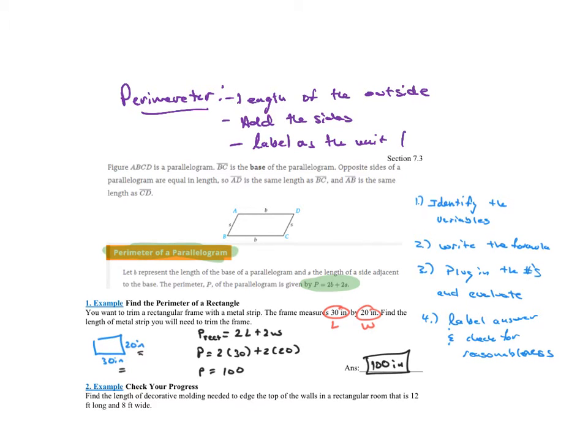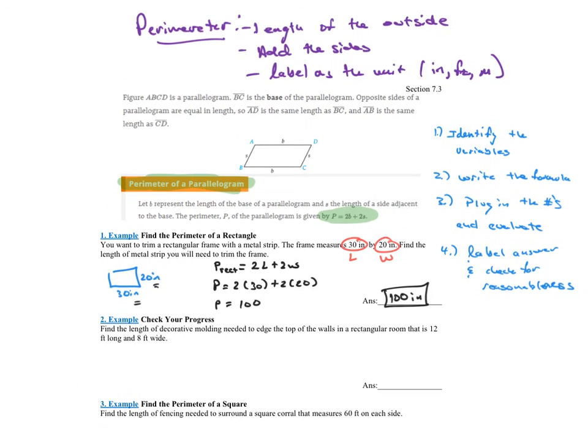So for instance, inches, feet, meters, just the unit itself, not the unit squared or the unit cubed like we will see in area and volume respectively. So perimeter is always the length of the outside, you always add the sides, and you label as the unit itself, nothing squared or anything, okay?